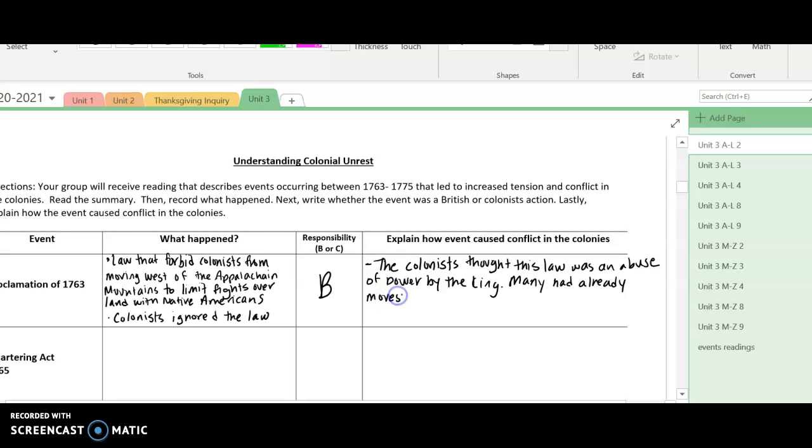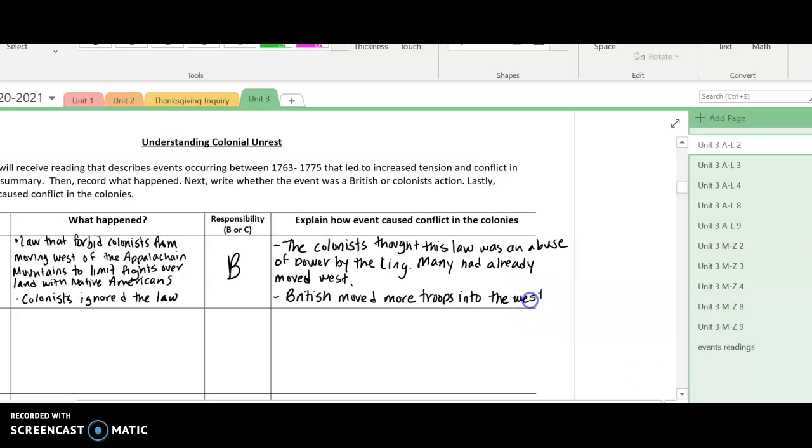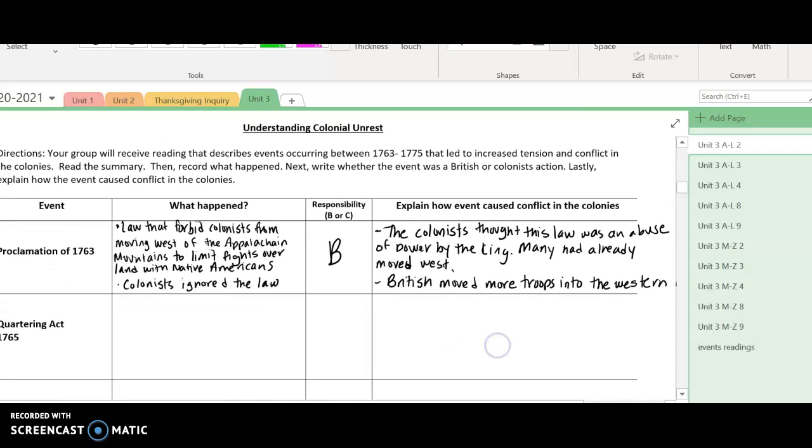So this seemed unfair to have them have to move back east and give up their land. And from the British perspective, they're going to enforce this law. So the British moved more troops into the western land. So anytime we're going to see an increase in the number of British soldiers in the 13 colonies, the more conflict there's going to be.